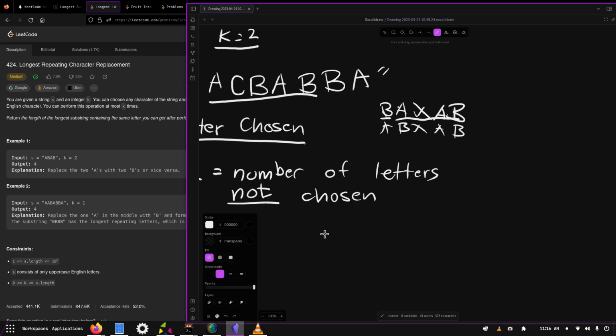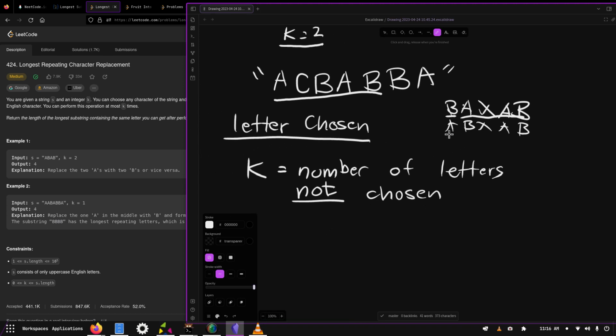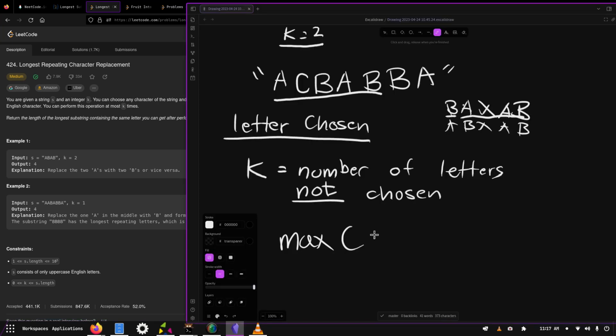Just trying to think if right now there's another solution that comes to mind rather than taking the max of curmap dot values.